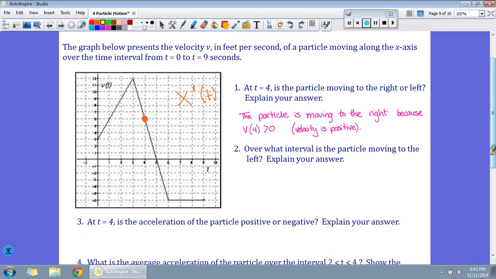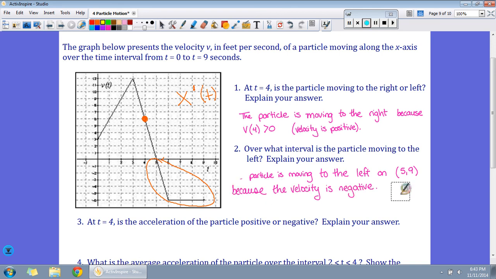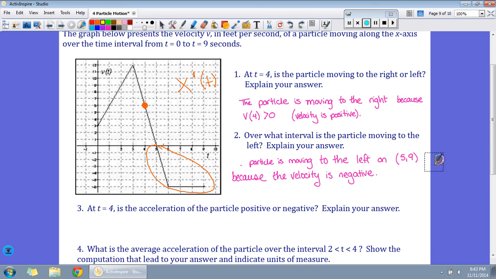Okay. On what interval is the particle moving to the left? Well, what we're looking at is anywhere that the velocity function is negative. The particle is moving to the left on the interval from 5 to 9, since that's where velocity is negative. Okay.